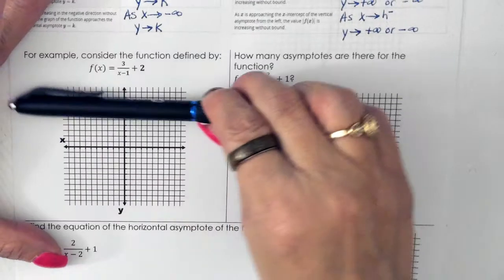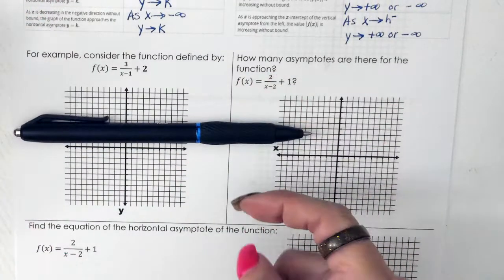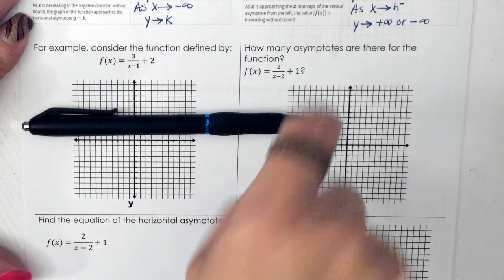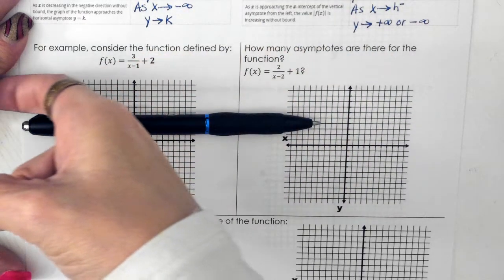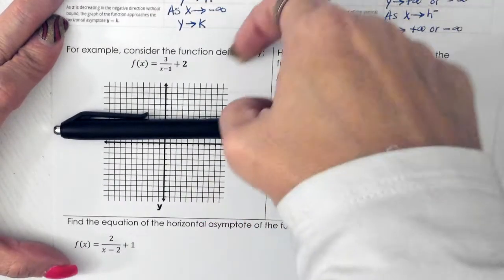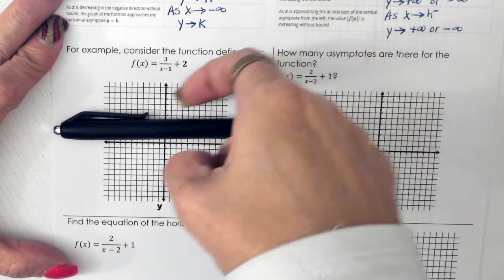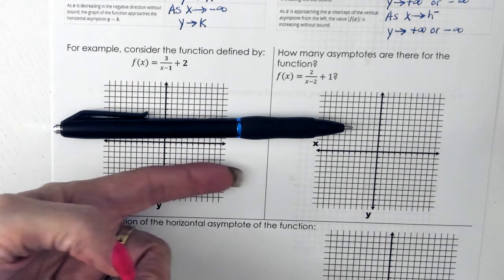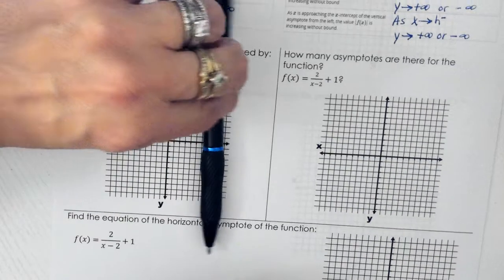Okay. When you have a horizontal one, it makes a little more sense that it's either going to come up and go to positive infinity or it's going to come down and go to negative infinity, which is why this one is a little bit easier to look at. On this side, the y value is approaching the asymptote, and this way it's approaching that asymptote, whatever it is. Vertical, it changes.